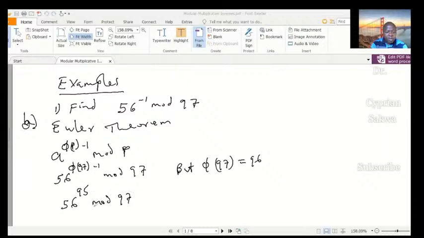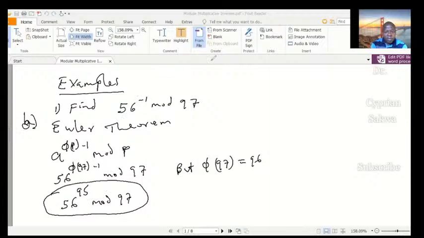So when you reach here, then you proceed the same way we did for Fermat's little theorem, because for Fermat's little theorem we also found that the inverse was given by this, and then we proceeded from here to find the squares. So that means that for this question, the Euler theorem and Fermat's little theorem agree that the inverse will be given by 56 raised to 95.